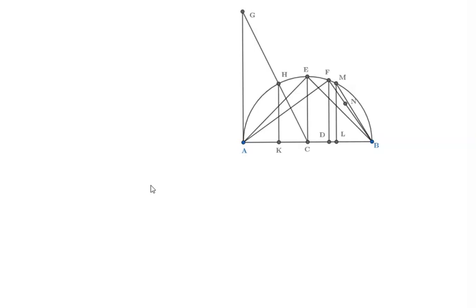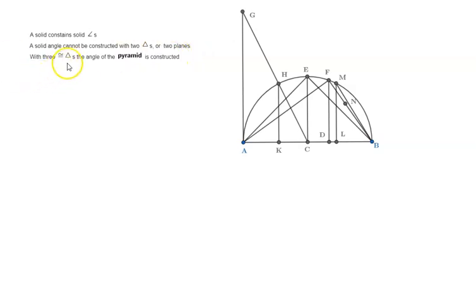So the 5 solids that we have seen are pyramid, cube, octahedron, icosahedron, dodecahedron. A solid contains solid angles, and a solid angle cannot be constructed with 2 triangles or 2 planes.